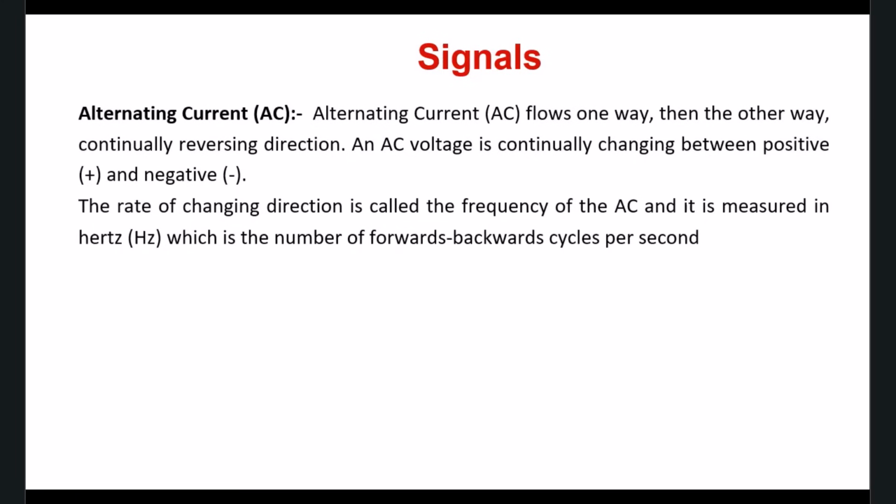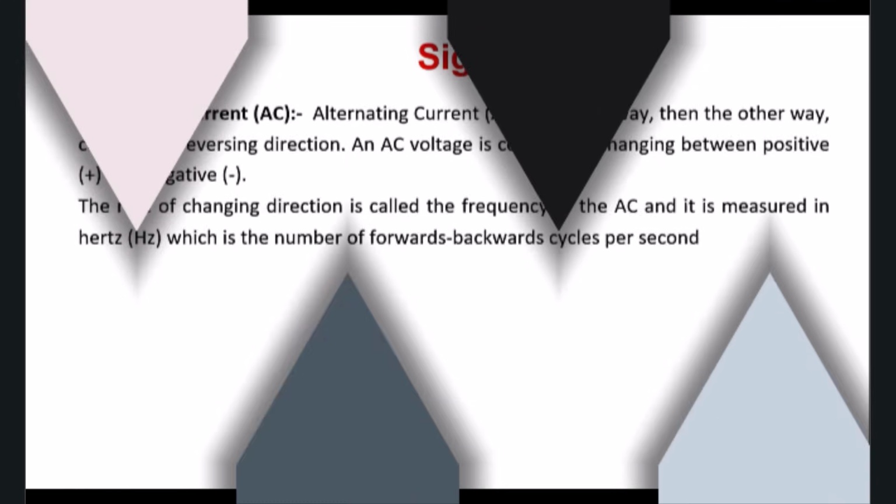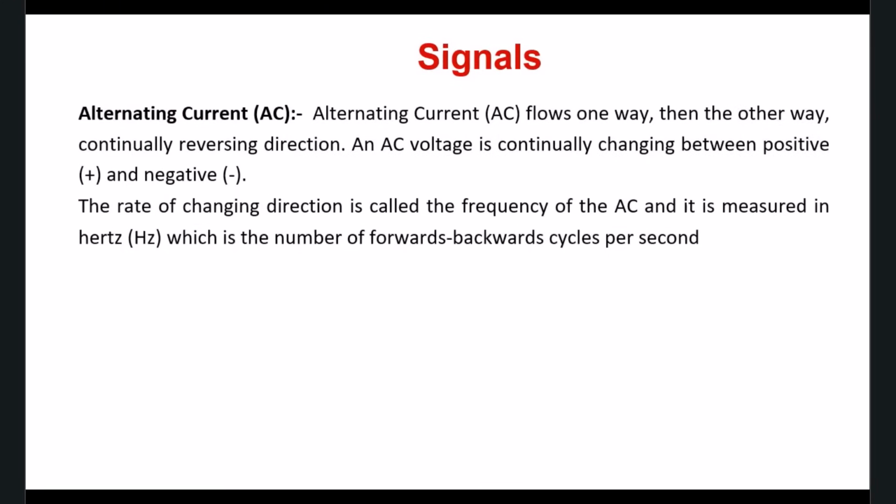And accordingly, there are in electrical engineering two types of signals we normally use. The first type of the signal is called alternating current. It is also called AC current. The alternating current flows one way, then the other way, continually reversing the direction.